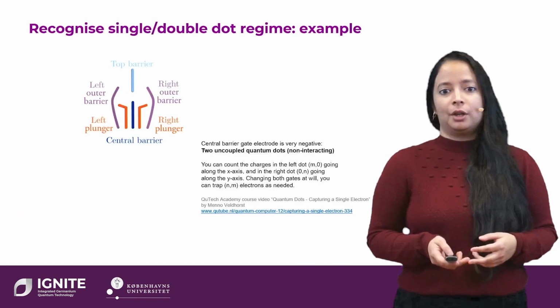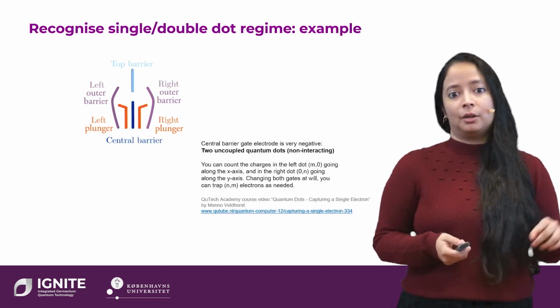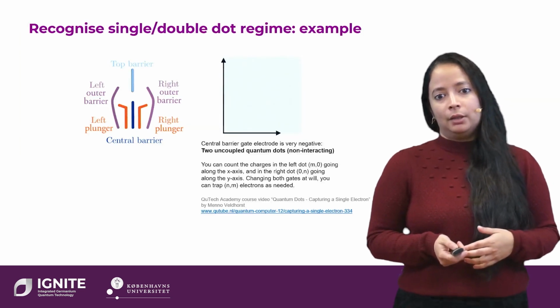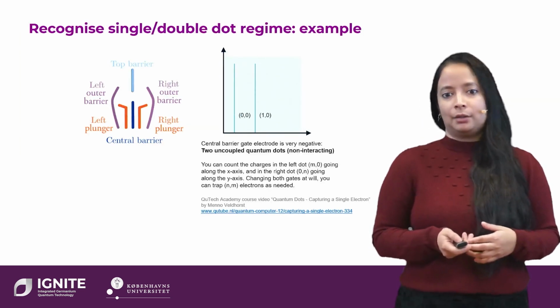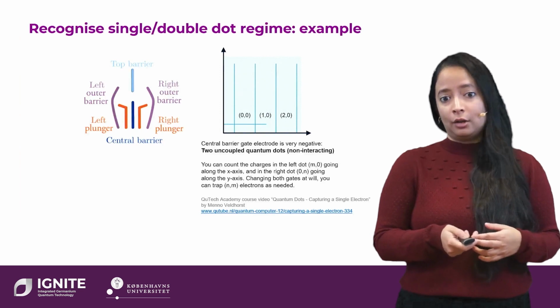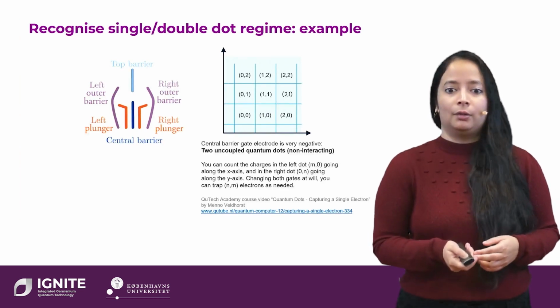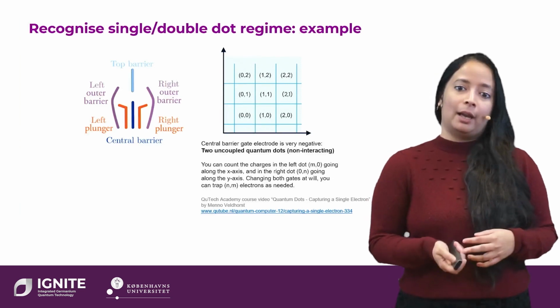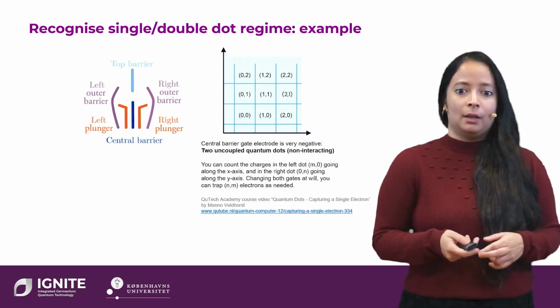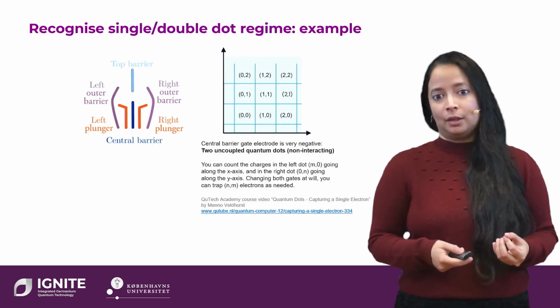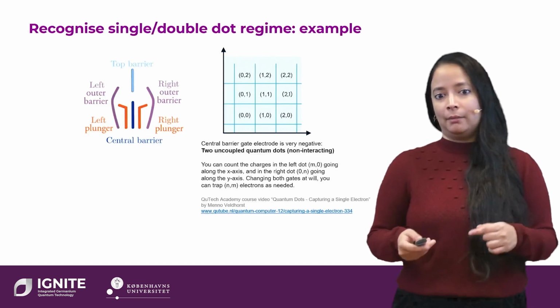And now, if you start mapping out how the current, let's say, going through the system will look like, you can see that it will have a kind of pattern where as you go along the x-axis, you're adding charges to the left dot, while if you are going along the y-axis, you are adding charges to the right dot. Now, when you change both gates, you can at will trap n or m electrons.